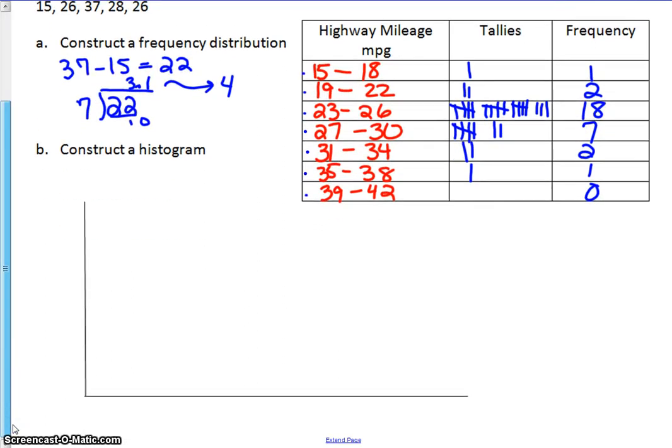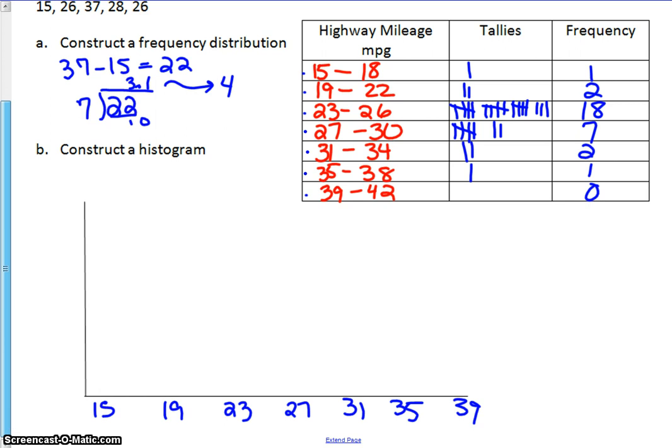Along the bottom of my histogram, I'm going to start here at 15. You don't have to start at 0. The next one is anything between 15 but not quite 19. Now I go up by 4s: 23, 27, then over to 31, 35, and 39.